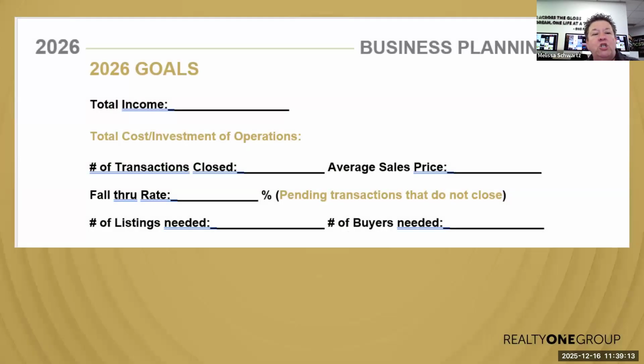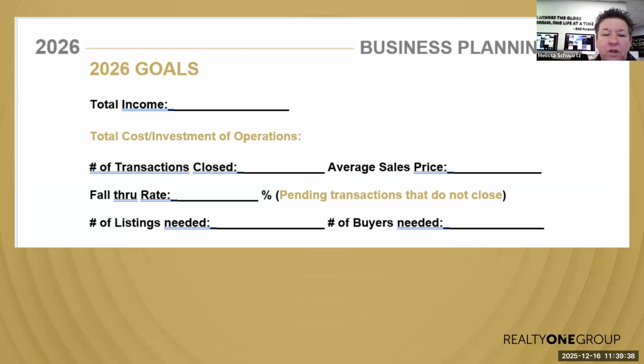Okay. So what are your goals for 2026? What is that total income you actually want to get to? And if you went back to what your percentage was, your gross commission, then what are the number of transactions closed? Oh, this is actually, that's weird.